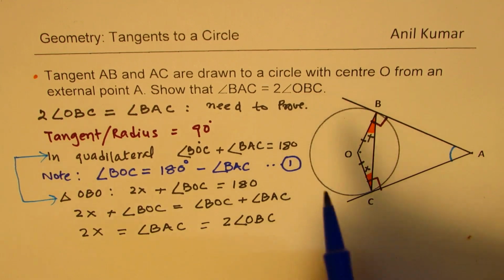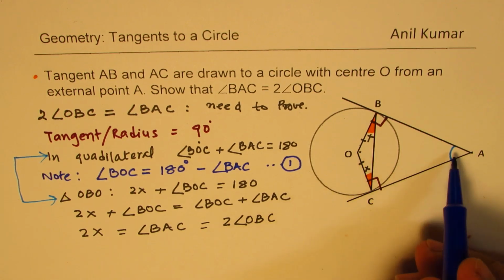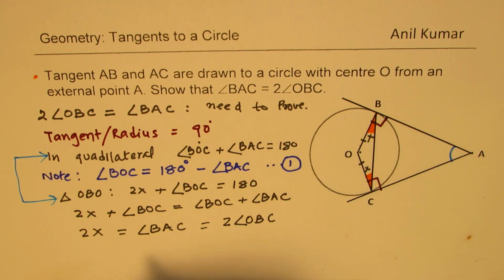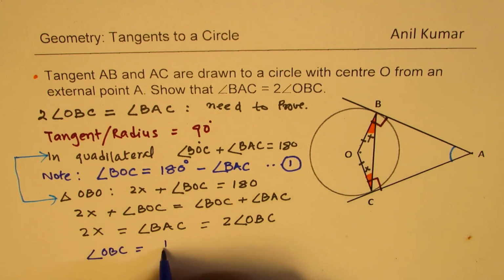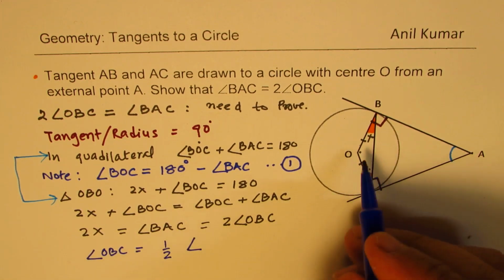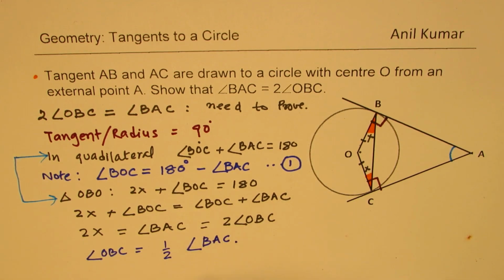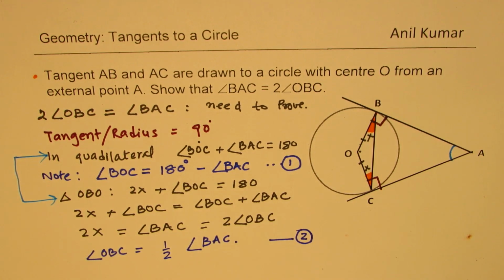One, that the angle O is actually 180 minus that angle. And the second thing we note is that angle OBC is equal to half of angle BAC. Is that clear? So these two things we are going to use in our solution.